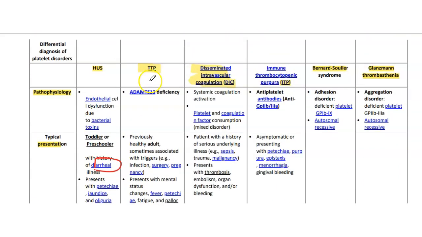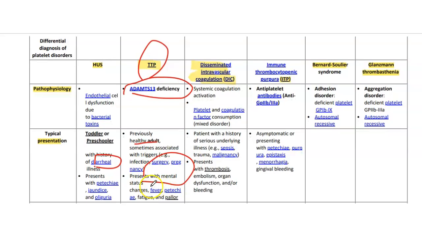Then in thrombotic thrombocytopenic purpura, we have an enzyme deficiency known as ADAMTS13 deficiency, and the presentation will be a previously healthy adult, sometimes associated with triggers like infection, surgery, or pregnancy. The patient will present with mental status changes and fever.